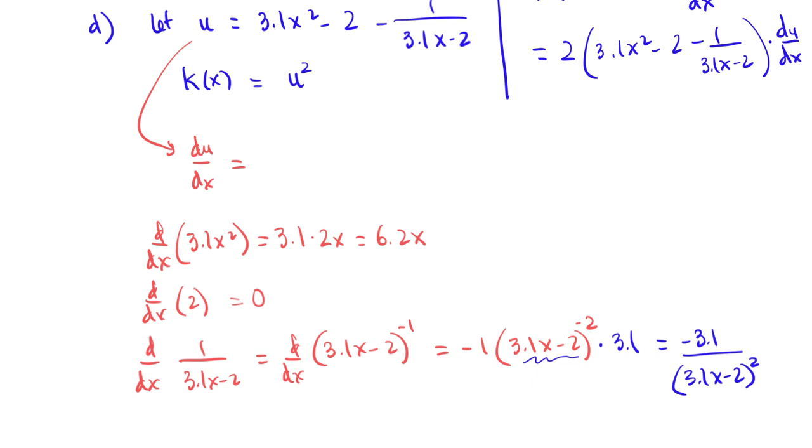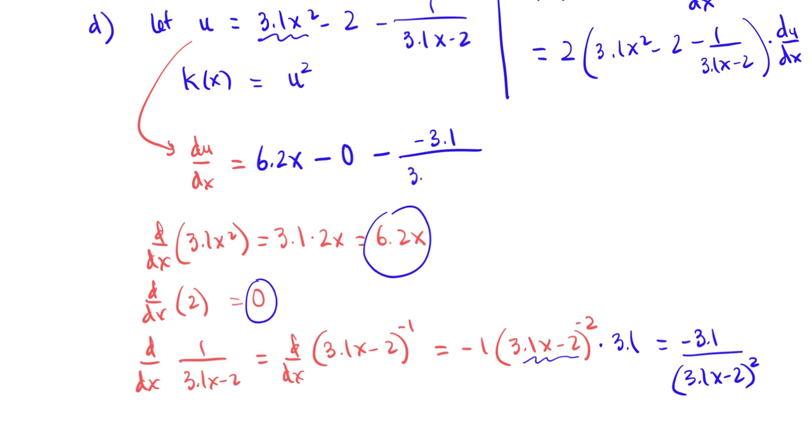Putting these together, the derivative of 3.1x squared is 6.2x. The derivative of 2 is 0. And the derivative of 1 over 3.1x minus 2 is negative 3.1 over (3.1x minus 2), the quantity squared.